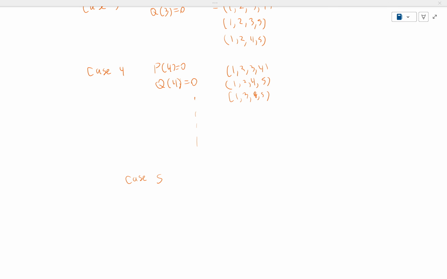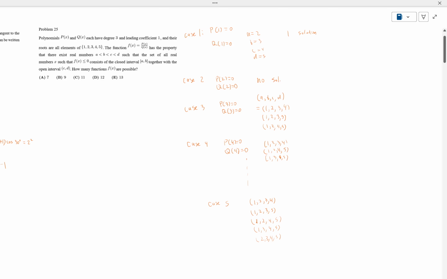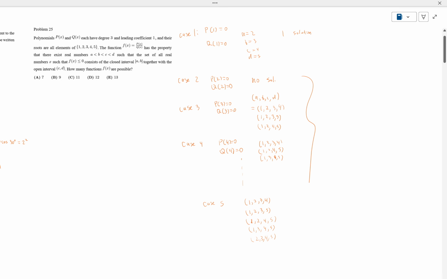So for case 5, it can be 1, 2, 3, 4, 1, 2, 3, 5, 1, 2, 4, 5, 1, 3, 4, 5, and 2, 3, 4, 5. So in total, we've already found 13 solutions. Oh, and include this one.